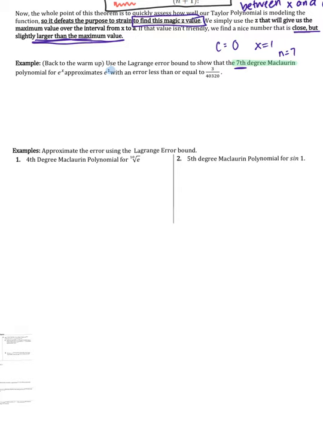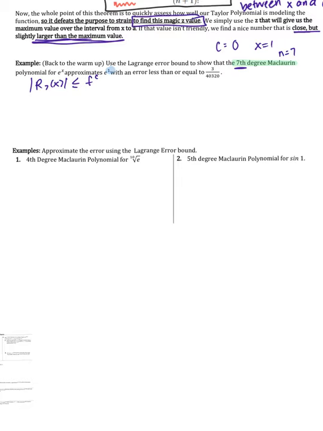So let's put these pieces together to look at our remainder. So I can say that the remainder for the first 7 terms, I could also just simply write the word remainder. That didn't look like absolute value. Let's try again. Is less than or equal to f of n plus 1 of z times x minus c, which in this case is 1 minus 0.